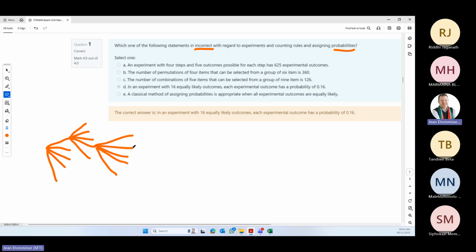And then each of those have another 5 outcomes. Okay, so you can now see there's going to be 5, 5. So what we have is 5 times 5 times 5 times 5, and that's the easiest way of working that one out.